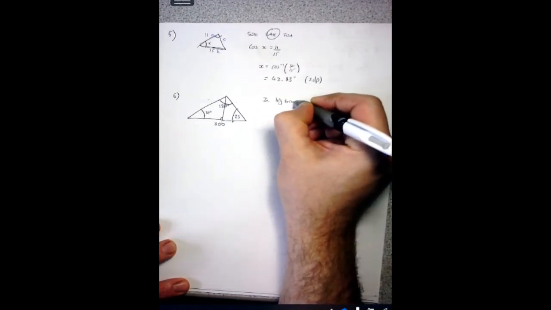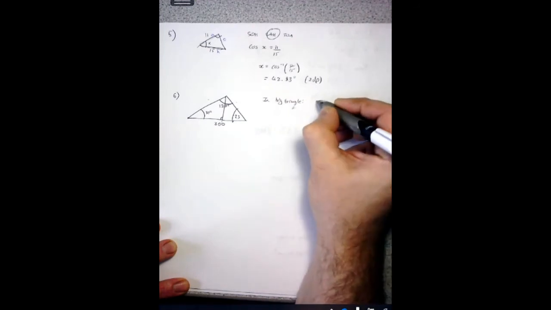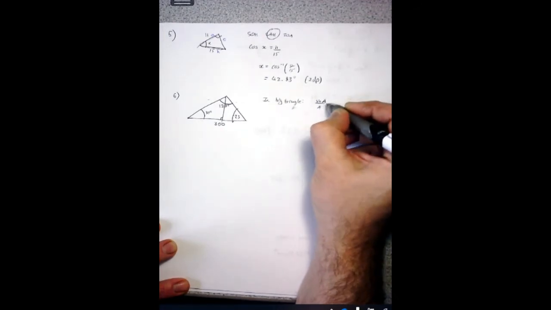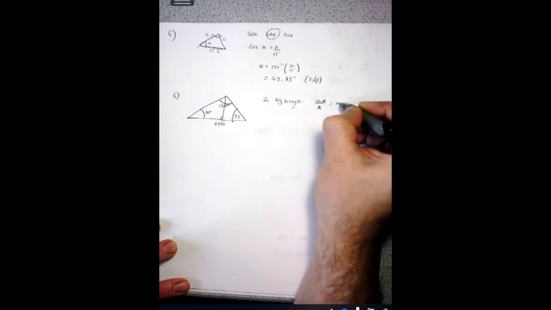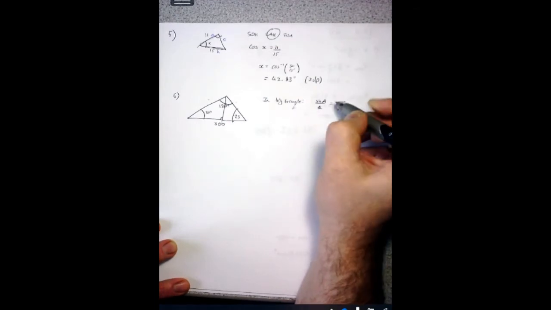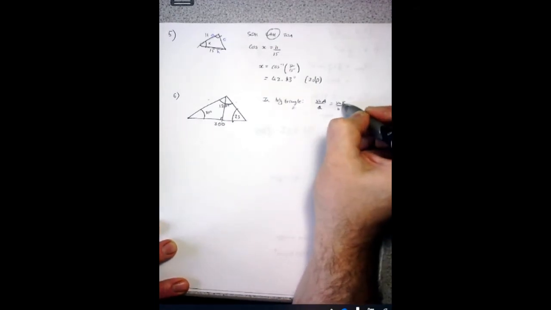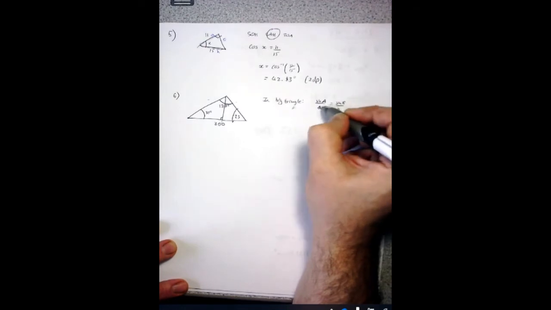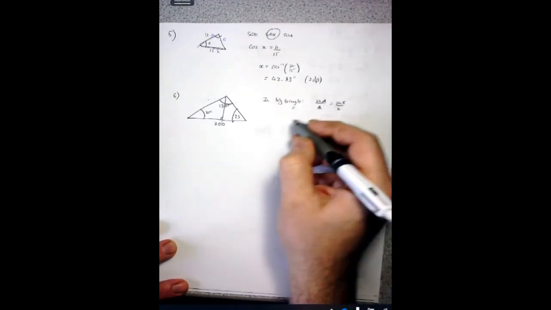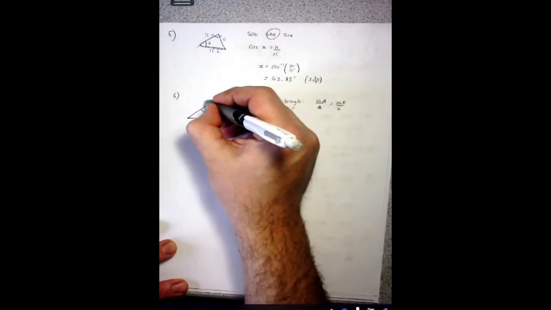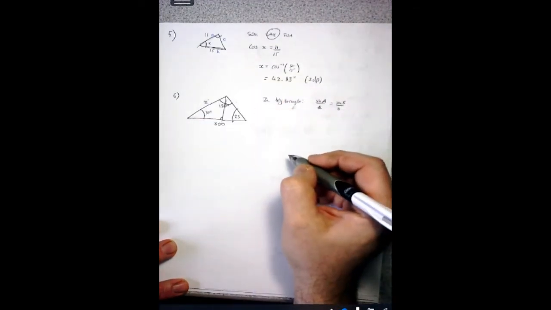I'm going to find this side here, and because my unknown is a side, I'm going to flip these round. Right, here we go. So x over sine 23, because it's always the side and the opposite angle, is equal to 300 over sine 127.